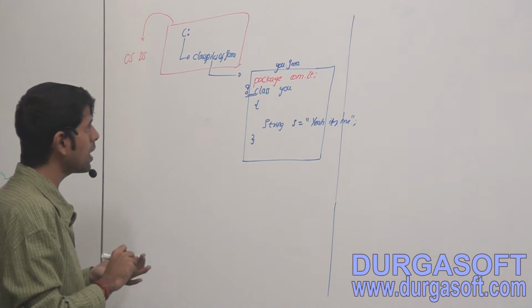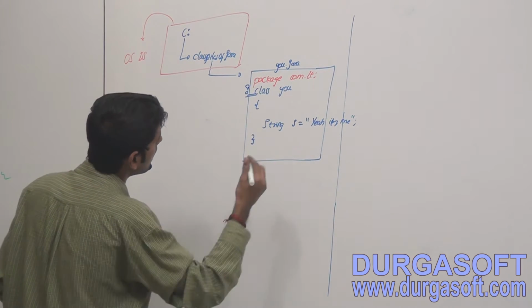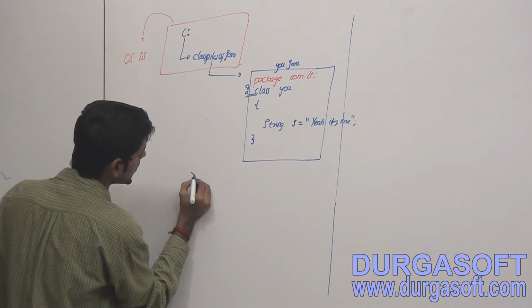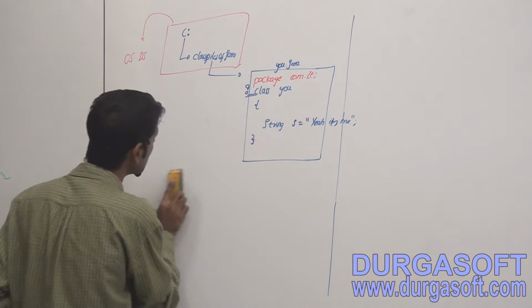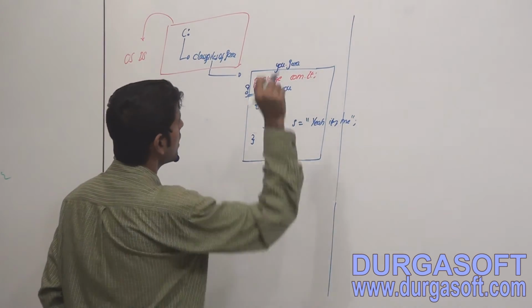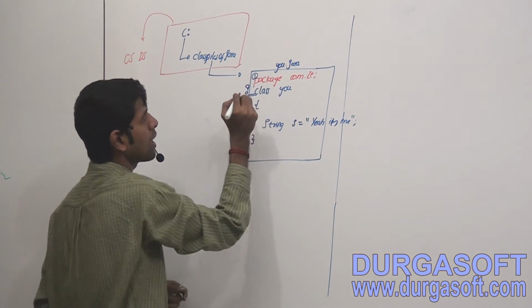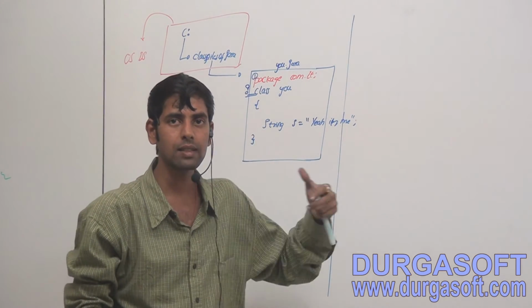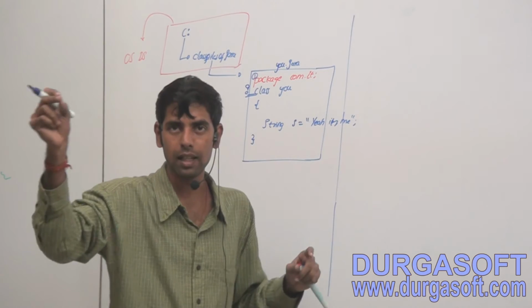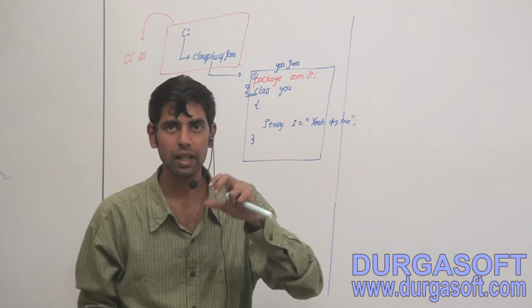How to put that? Please come here and compile your code. This is the second thing. As I said, we have to do two things to get the .class file into the package directory structure.